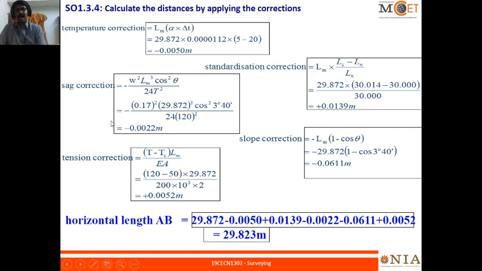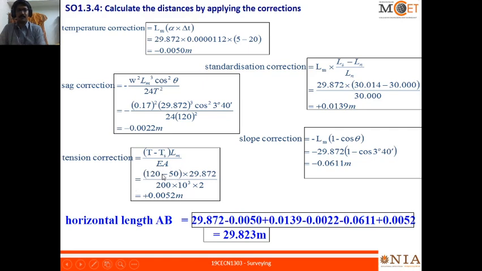And the tension correction, you know the formula, it is P minus P naught, or T minus Ts, into Lm, the measured length, divided by EA. E is the Young's modulus and A is the area of the chain or tape, right? So the pull applied during the measurement is 120, the standardization pull is 50.